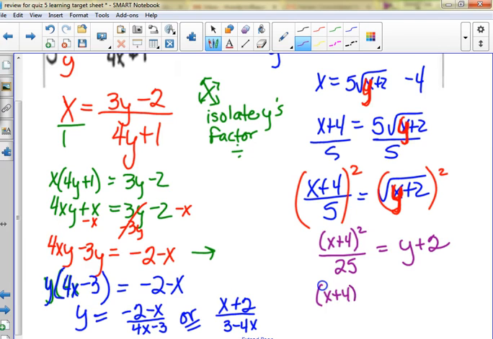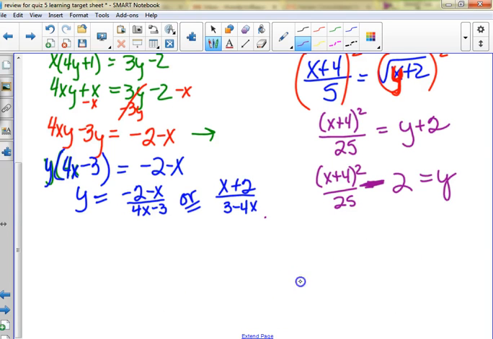X plus 4 quantity squared over 25 minus 2 equals y. I'm okay with you leaving it like that, okay? Even if you had left it x plus 4 all over 5 squared minus 2, I would say that's okay with me.